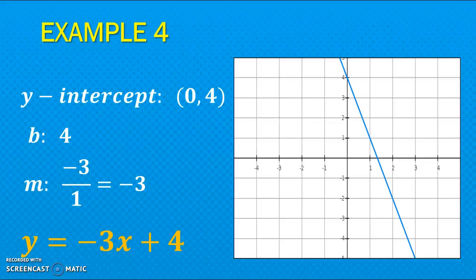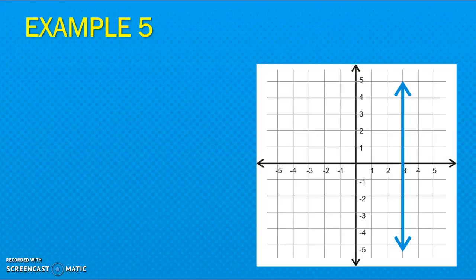Moving on to example 5. This is a unique line. This is a vertical line. If we remember when we were graphing lines, a vertical line always means x equals some number. So all I have to decide is what the value of x is.